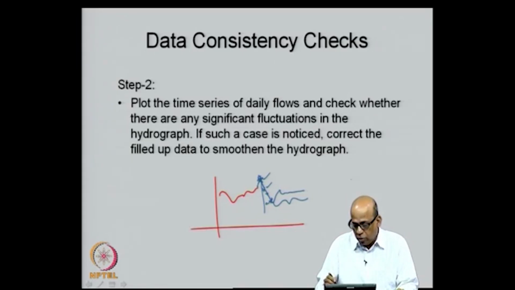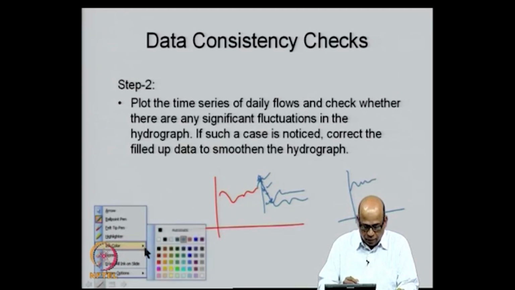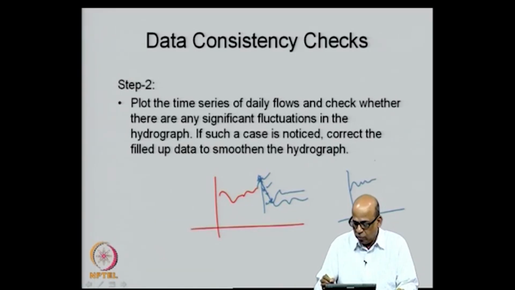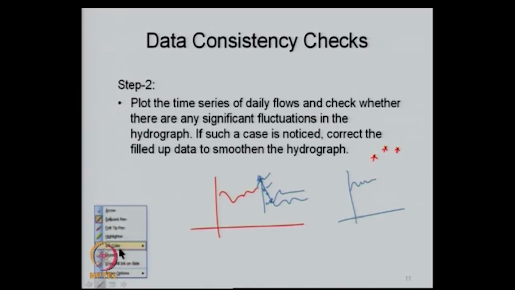Let us say the time series did not continue in a smooth manner. Let us say that this was your time series and then you started filling the data and you saw that the filled data comes somewhere here like this with the average flows, and then the time series continues at this level again like this. So, essentially what we did in filling the data is that we have disturbed the smoothness of the time series from here to here, and then it starts coming at this location.